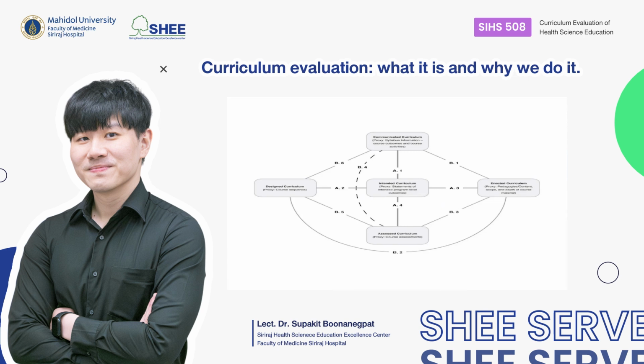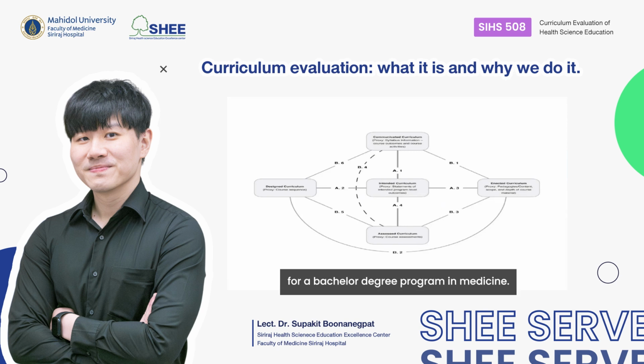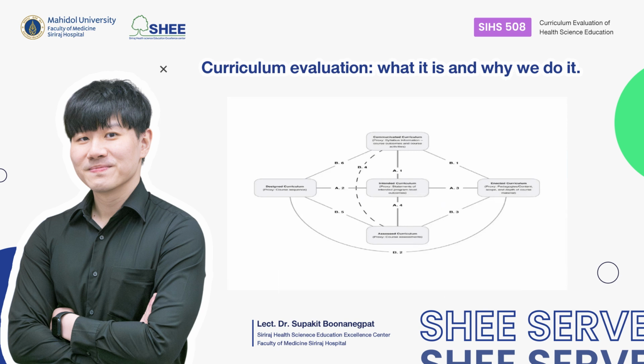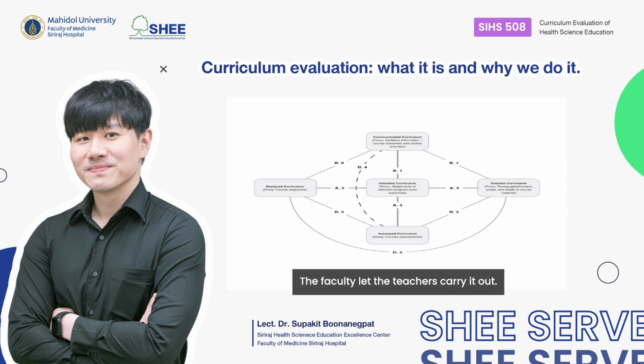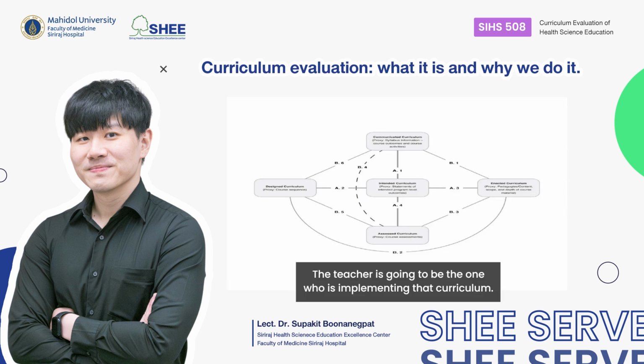For example, on day one, I designed a curriculum for a bachelor degree program in medicine, let's say. I decided it on paper, and then I give it to the faculty. The faculty let the teachers carry it out, meaning that the teacher is going to be the one implementing that curriculum.